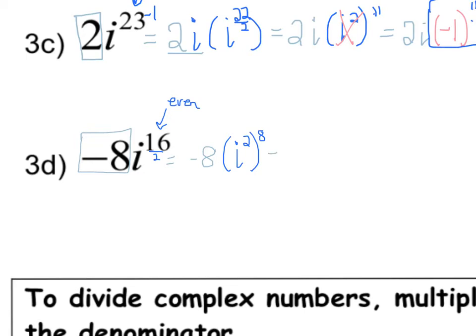So let's keep going. We'll recopy that -8 in front, cross out the i squared, and replace it with -1 to the 8th power. So this is what we calculate now. What's -1 to the 8th? Well, this is an even power, so all those negatives are going to pair up and turn into positive. So we're going to be left with -8 times +1, which is just -8.